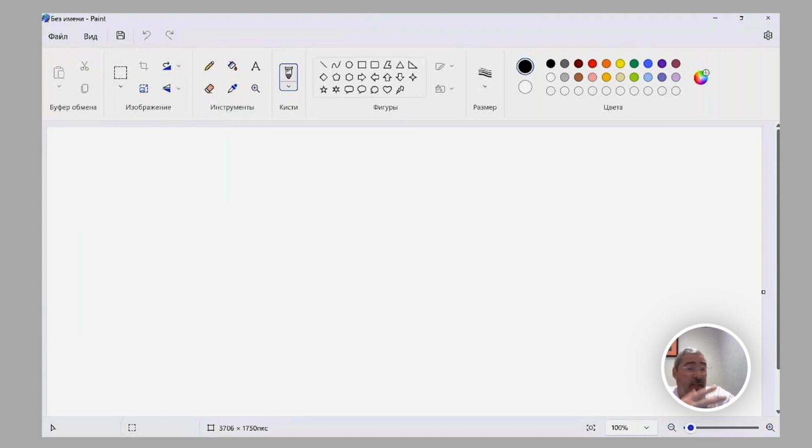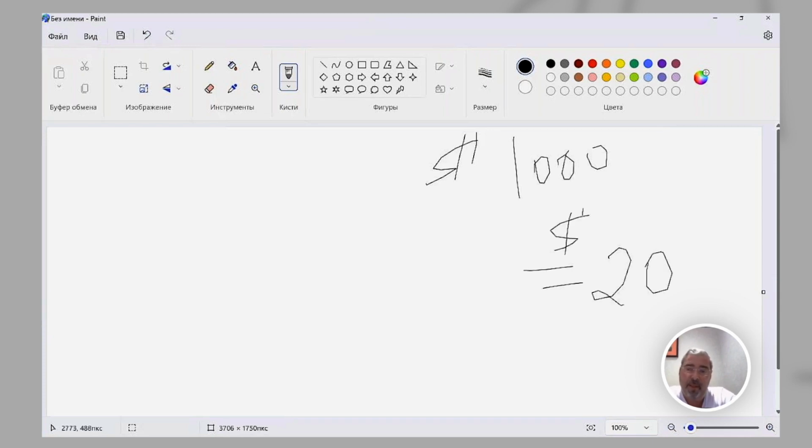Let's go one more time to calculate, and I'll show you. Let's say you have an account of $1,000. Obviously, you cannot trade intraday with $1,000, but let's say you're just a beginner and your stop loss is $20. It's not only a stop loss, this is the maximum you are allowed to lose per trade.